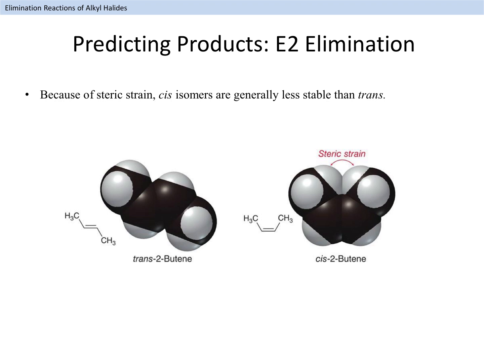Furthermore, we can also predict the stereochemistry of the alkenes that are formed in E2 eliminations. Because the trans isomers have less steric strain than cis, the trans isomers are often the favored product in stereoselective E2 eliminations.